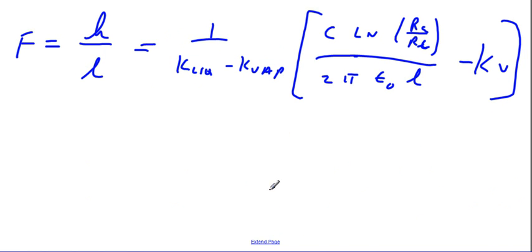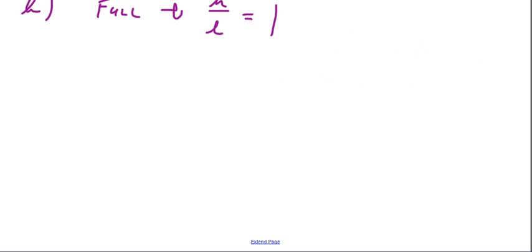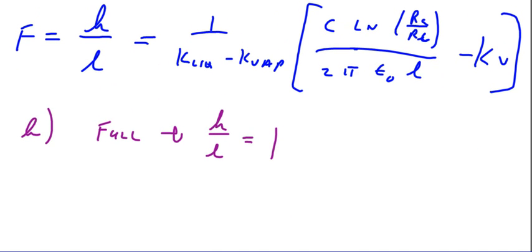Okay, so the B problem. Full implies that H over L is equal to 1. So we're going to do the full case first.